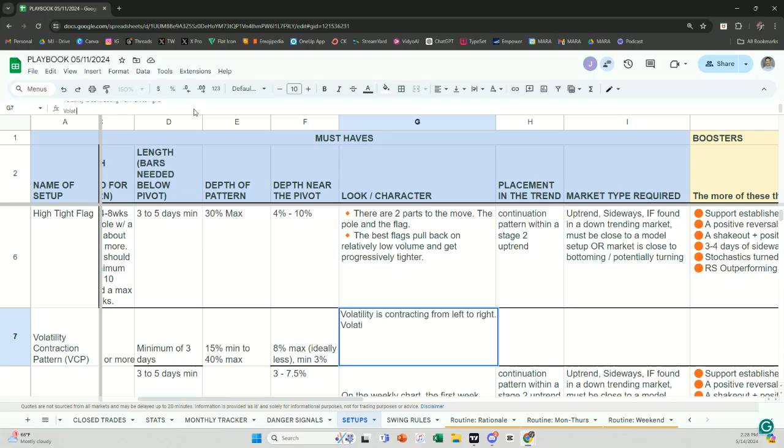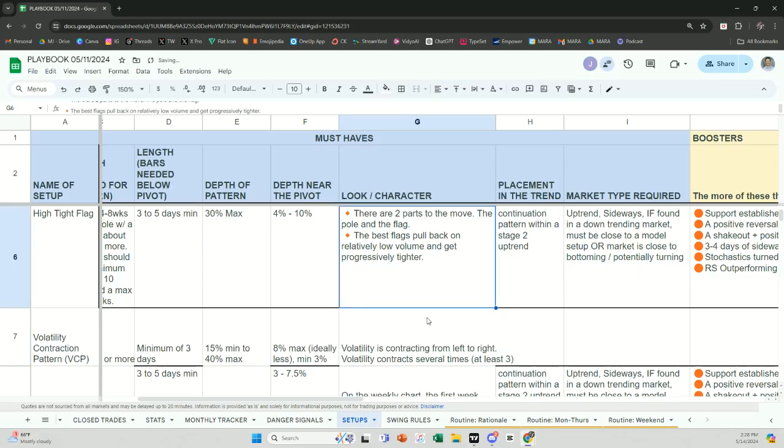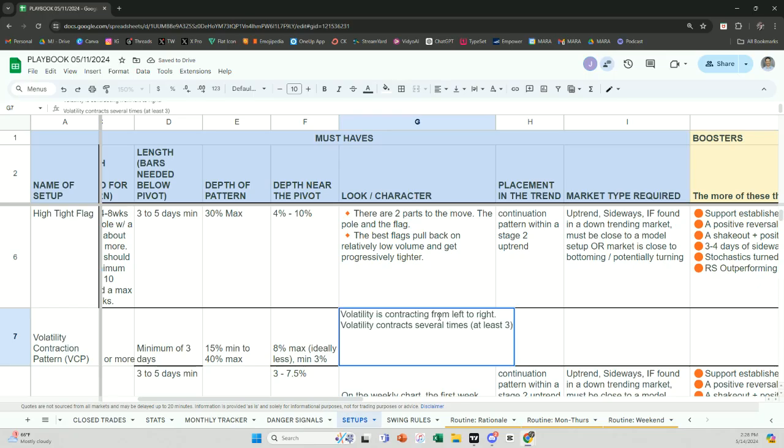Volatility contracts several times. Sorry, Mike. Also a retouching of the moving average. Sometimes it touches the moving averages. Sometimes it doesn't.